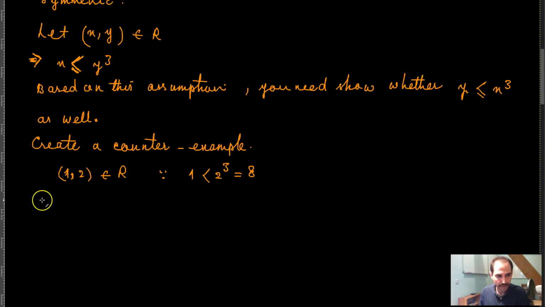But then you can argue that (2, 1) does not belong to R, since 2 is greater than 1 cubed, which is equal to 1. 2 is greater than 1, and it's supposed to be less than or equal to whatever you have over here.